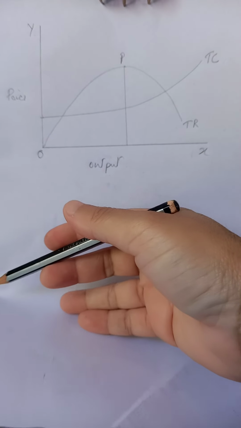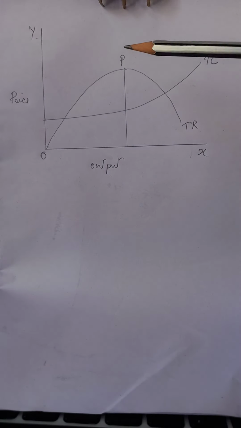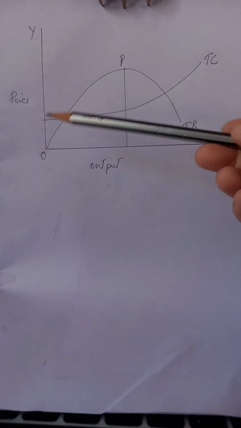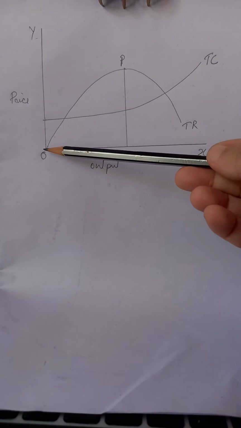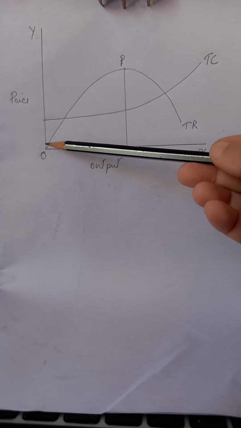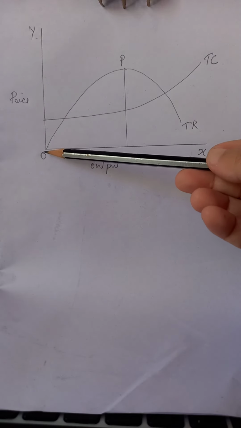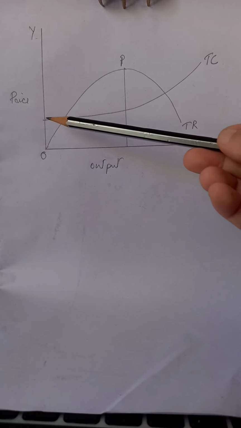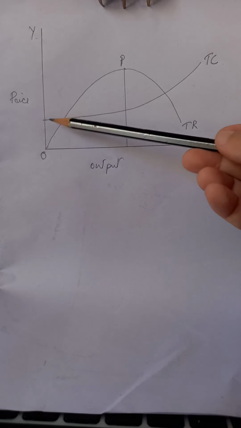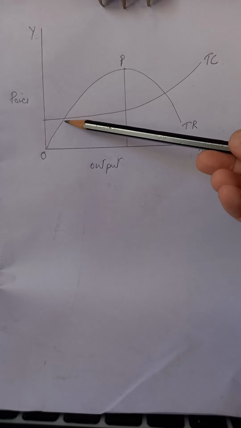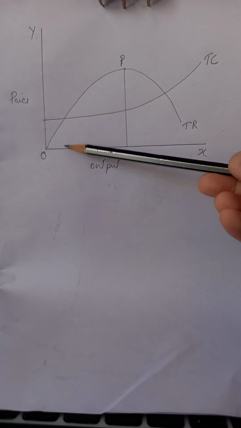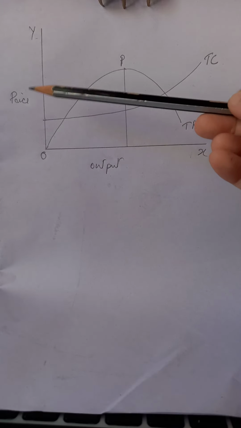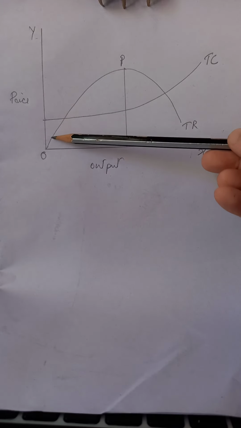If you look at the figure, I think you can see the point P over here. If we start right from the very beginning, right from the early stages of production, as the monopolist keeps on producing, the TC is greater. Let's have a look at this particular area till here. As the monopolist keeps on producing, his TC is greater than his TR.